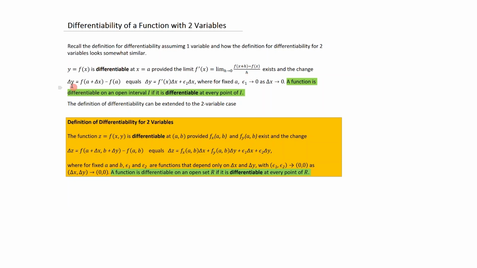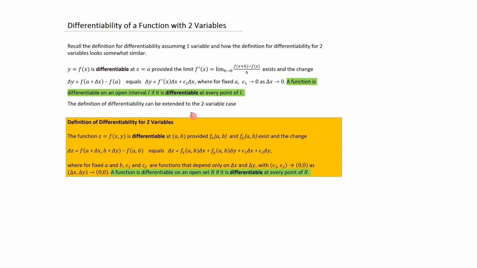We also said delta y had this form and also equals an alternate form. But we basically said epsilon 1 would be some function of delta x, and then in the limit, as delta x goes to 0, epsilon goes to 0 as well. All right, if these conditions are all satisfied, then the function is differentiable on the open interval I and at every point in I.